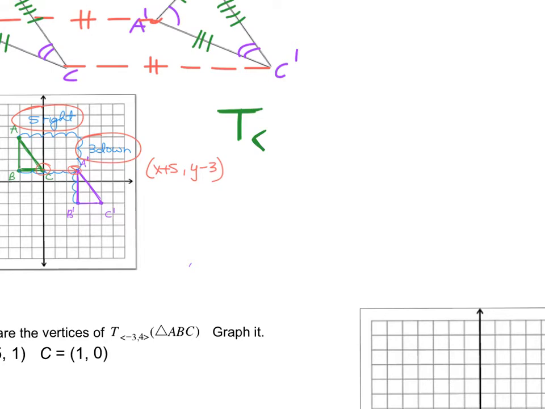So in the pointy brackets, 5 to the right is a positive 5, and 3 down is a negative 3. And then we write of triangle ABC is triangle A prime, B prime, C prime. When they ask for the rule, this is the rule.